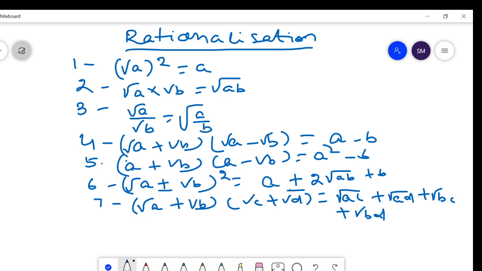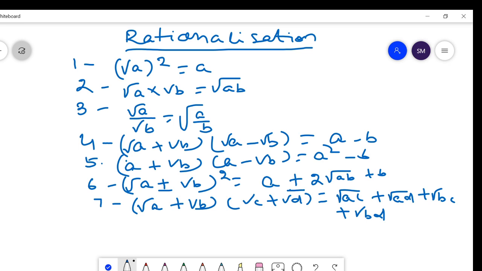Some identities of irrational numbers: root a whole square is a, root a into root b is whole root ab, root a upon root b is equal to whole root a by b, root a plus root b into root a minus root b is equal to a minus b, a plus root b into a minus root b is equal to a square minus b.